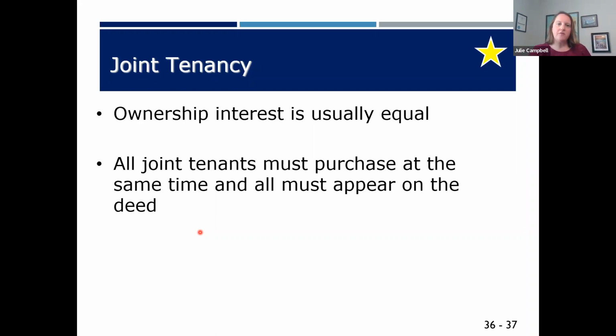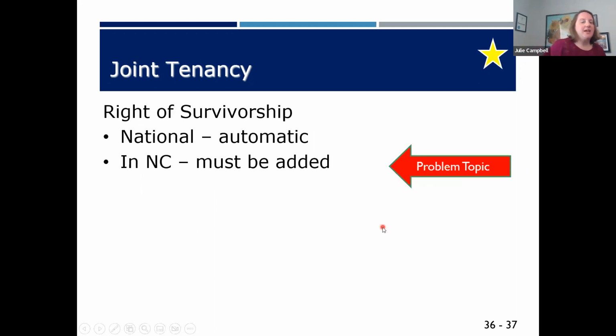If an owner of Joint Tenancy passes away, what happens to their interest? The answer is, it depends. If they have something called right of survivorship, which most simply is explained when you're talking about married people.